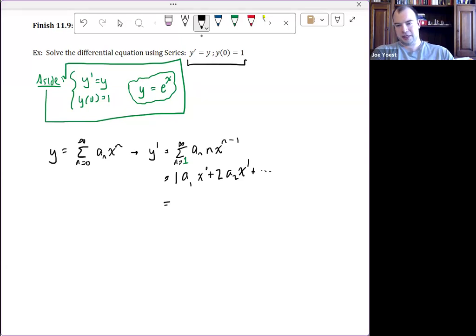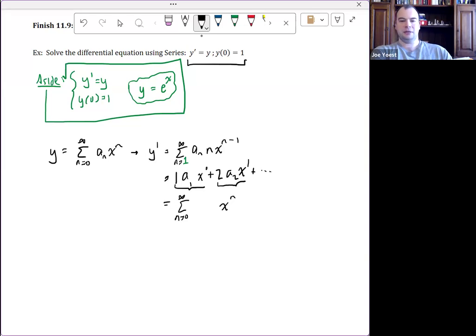Or this would be like the sum n equals 0 to infinity of some stuff times x to the n. So this would be the n equals 0 term, the n equals 1 term, just re-indexing so that my n from the index is associated with the power of x again.